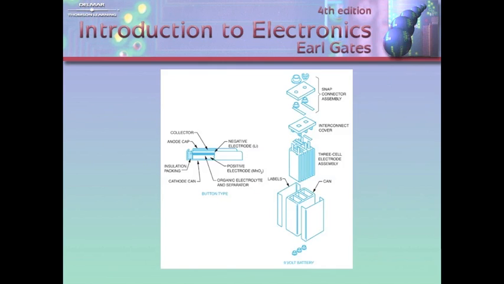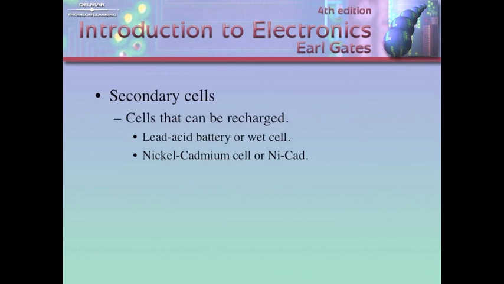This would be a 9-volt battery, and you see it's made up of multiple cells that are put together internally. Secondary cells are cells that can be recharged. The best example of this would be your car battery, which is a lead-acid battery or wet cell. And lead-acid is still really one of the most popular batteries out there.